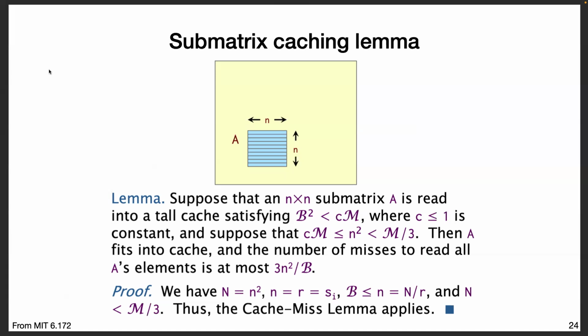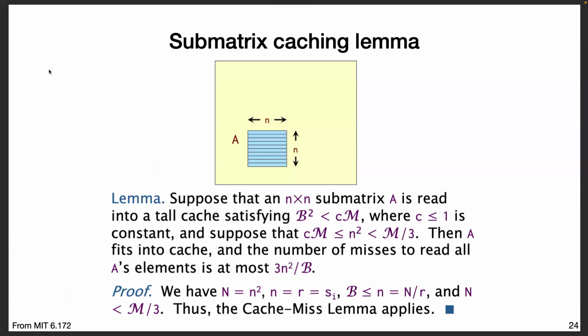And that just follows from plugging in the numbers related to the submatrix into the cache lemma. So the main part of this is that when we use this in matrix multiplication, we cut the matrix into submatrix multiplications, and we want to cut them such that each submatrix fits into the cache.